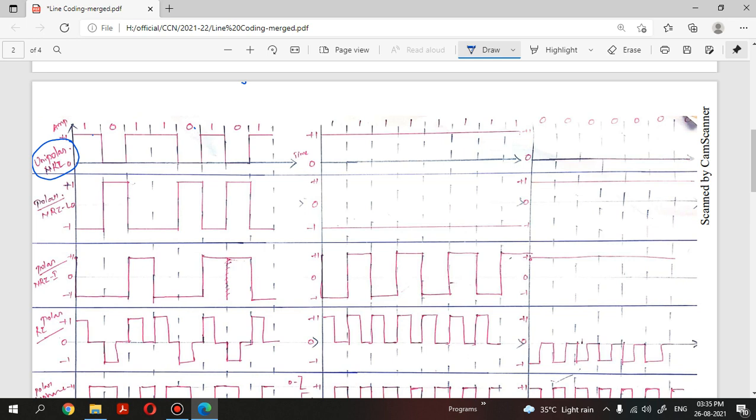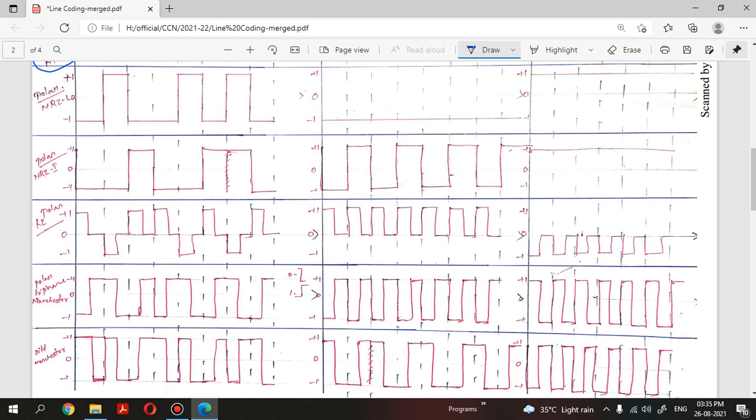As per the policy of NRZ, we need to give high voltage for 1 and neutral voltage for 0. So if I get consistent ones, I need to maintain high voltage, right? And if I get consistent zeros, I need to maintain neutral voltage, right? So this mechanism will cause the baseline monitoring and DC component problem, right? So that's why this cannot be used, right?